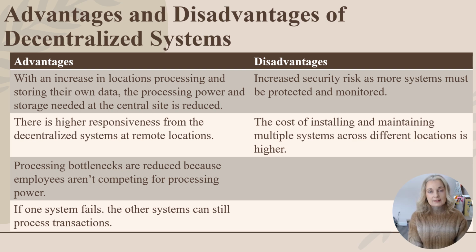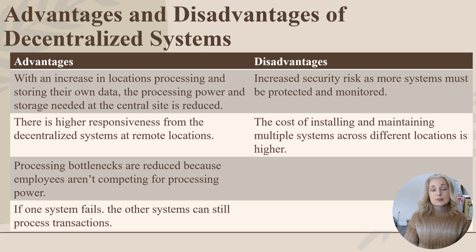Now let's look at the advantages and disadvantages of decentralized systems. The advantage is that with an increase in location processing and storing their own data, the processing power and storage needed at the central site is reduced because you have alternate sites.